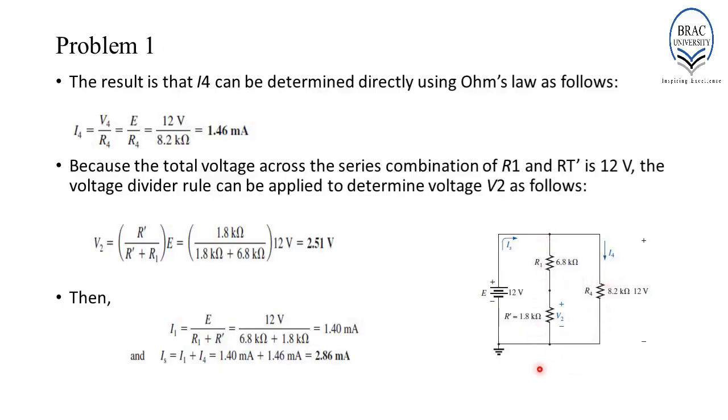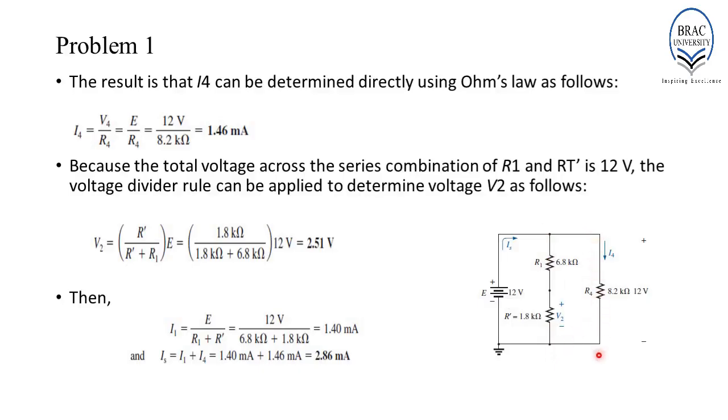Since this branch and this branch are connected in parallel, they will have the same voltage. Over here, this branch has a voltage of E, which equals 12 volt. Then this branch must also have a potential drop of 12 volts, as well as this branch.